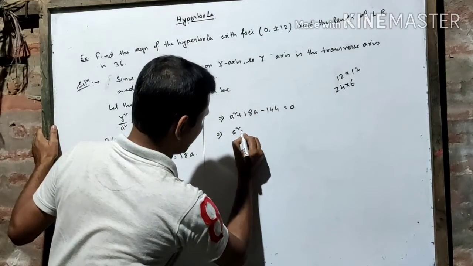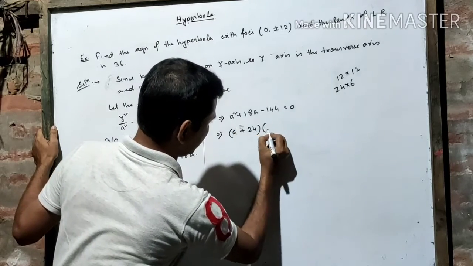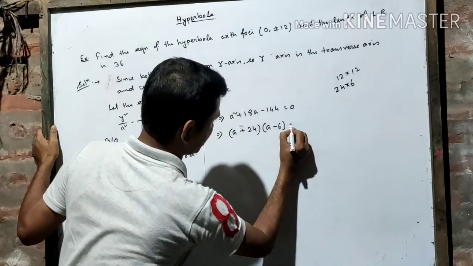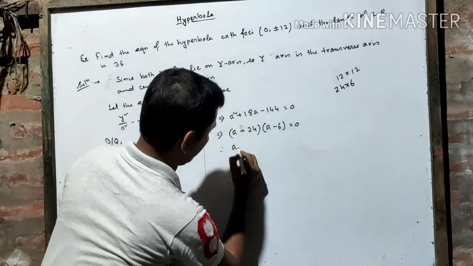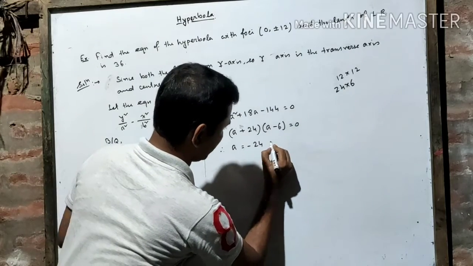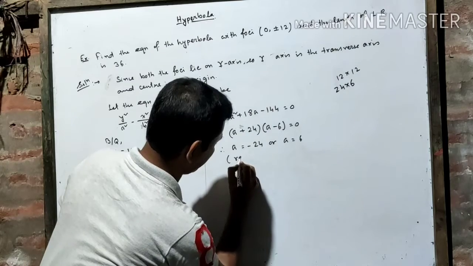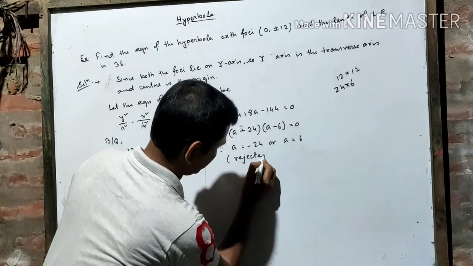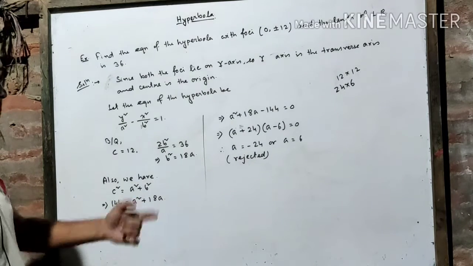So this will be a plus 24 into a minus 6 is equal to 0. Therefore, a is equal to minus 24 or a is equal to 6. This being negative is rejected, since length cannot be negative. A is a length here. So a is equal to 6.